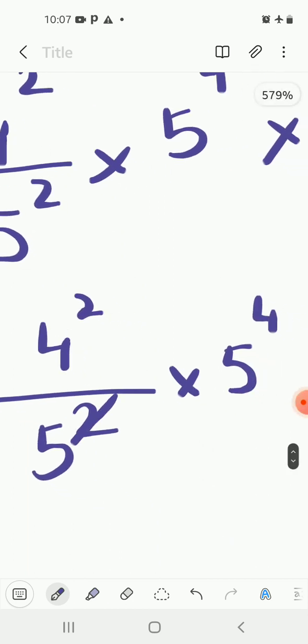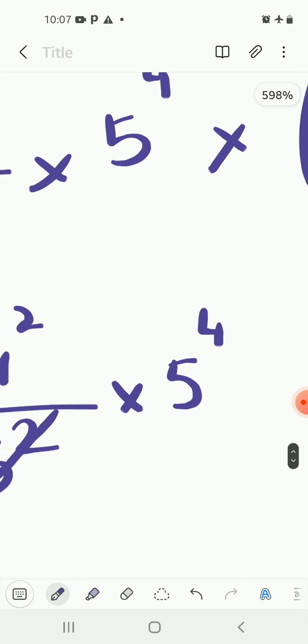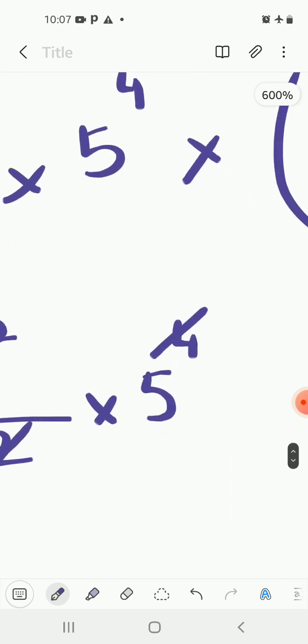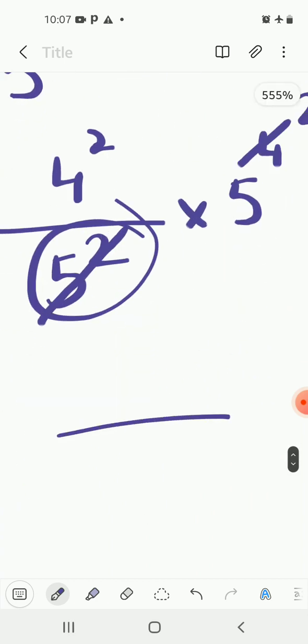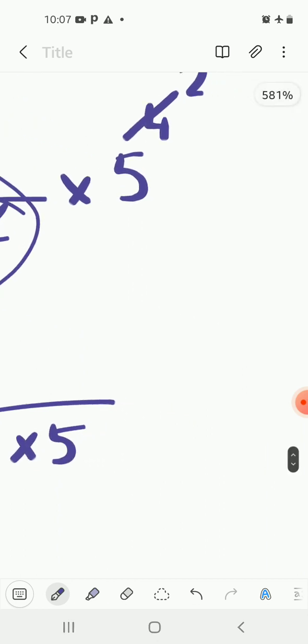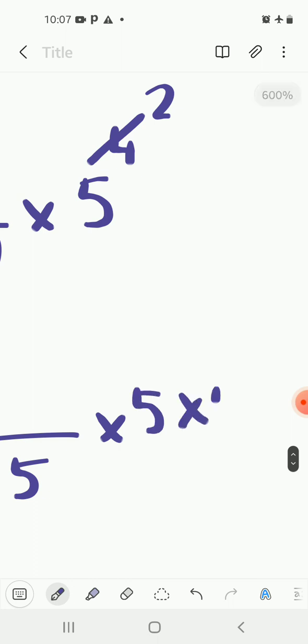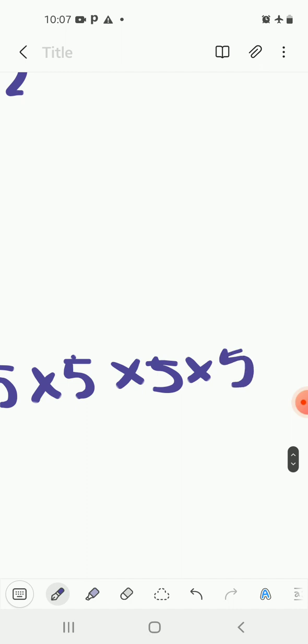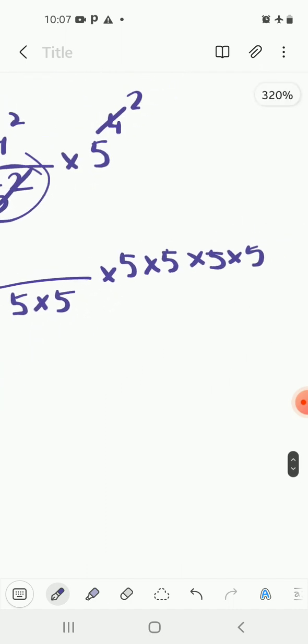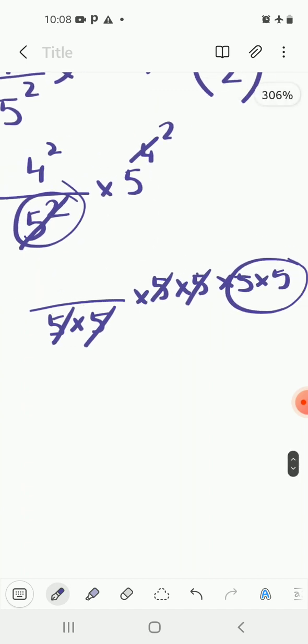Now see, if I cancel these out, 5 to the power 4 would become 5 to the power 2, because there was already 5 to the power 2. 5 to the power 2 is 5 into 5, and 5 to the power 4 is written as 5 four times. We can cancel this 5 with this 5, and this 5 with this 5, and there are only two 5s left. That is why I have done this working.